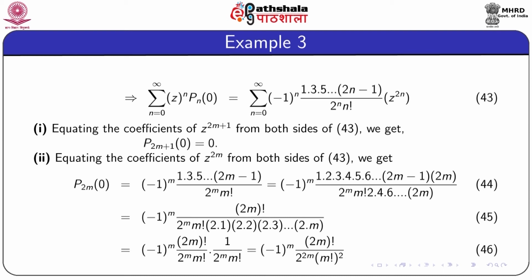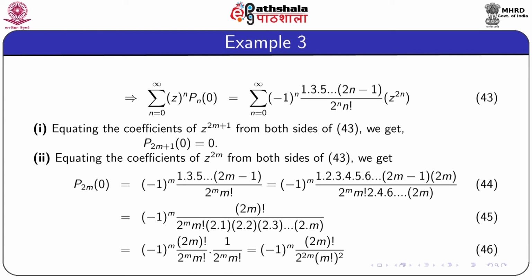What we do is we multiply this expression in 46 by 2.4.6...2m, both numerator and denominator, and if you do that, the numerator becomes (2m)!, the denominator becomes 2^m m! multiplied by 2.1, 2.2, 2.3...2.m, which is obtained if you take 2 common from all the m terms in the denominator given in 48.